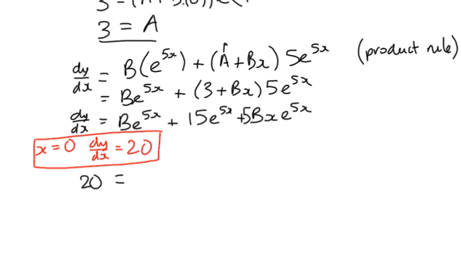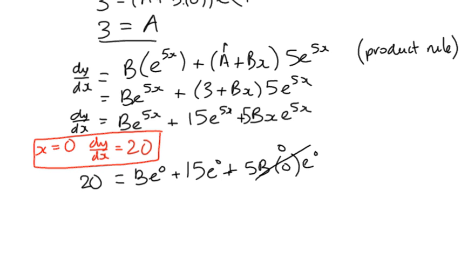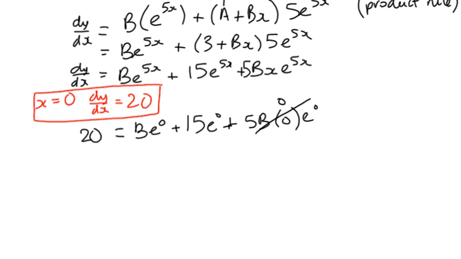And we've got b multiplied by e to the 5x, which is just going to be e to the 0, plus 15 times e to the 5x, which is going to be e to the 0, plus 5b times 0 times e to the 0. So of course that's going to be 0. E to the 0 is 1. And we end up just saying that 20 is equal to b plus 15, because they're both 1, which means that b is going to be 5.